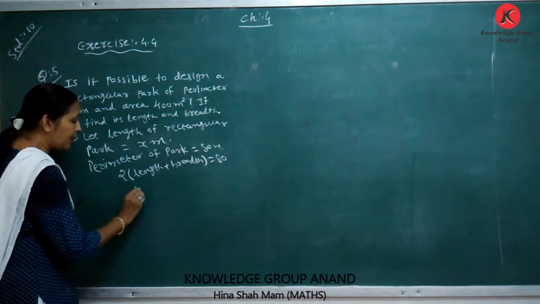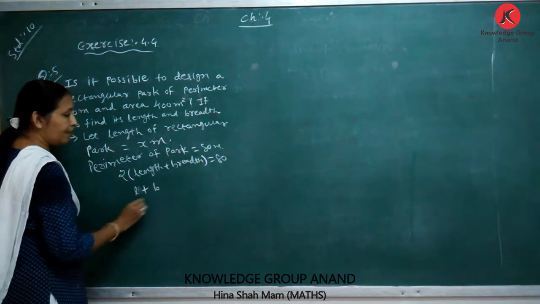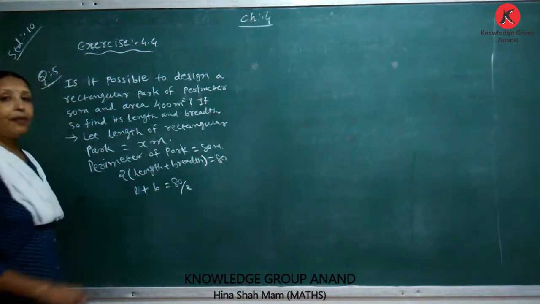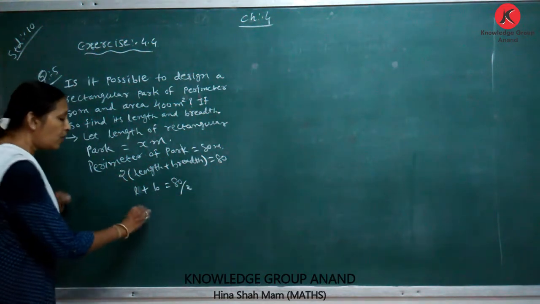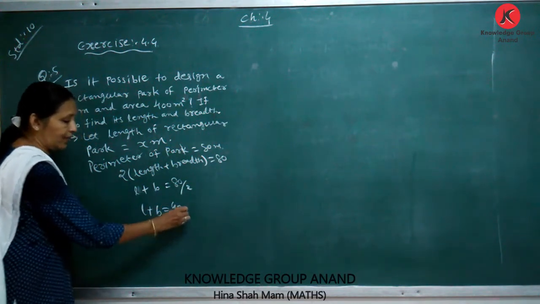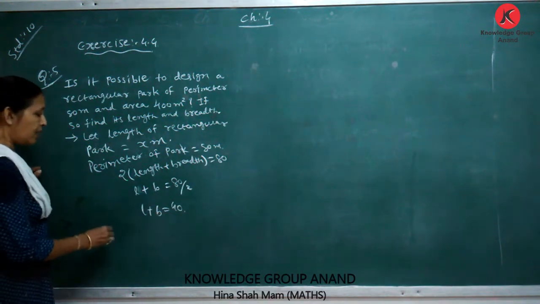Then L plus B is equal to 80 by 2. Now L plus B is equal to 40. Length plus breadth is equal to 40.